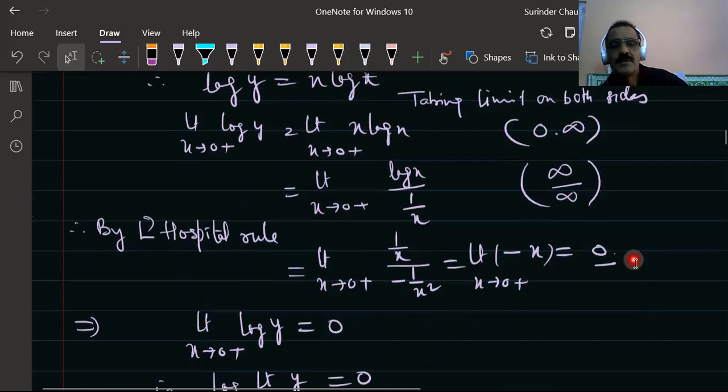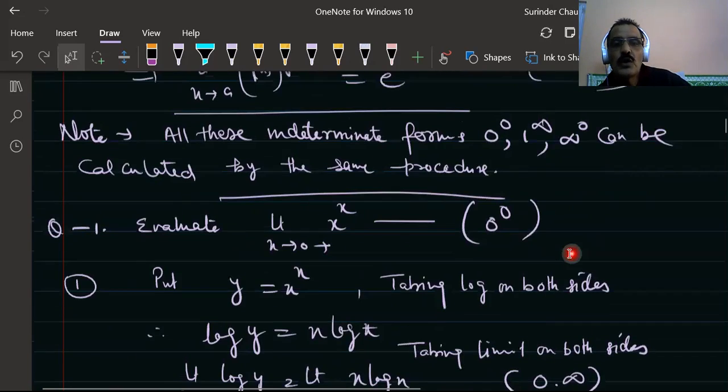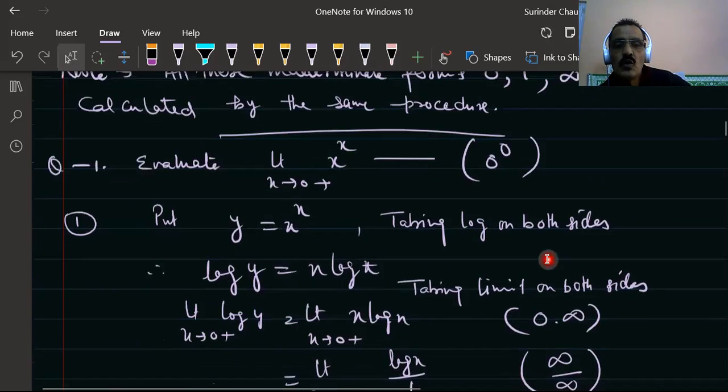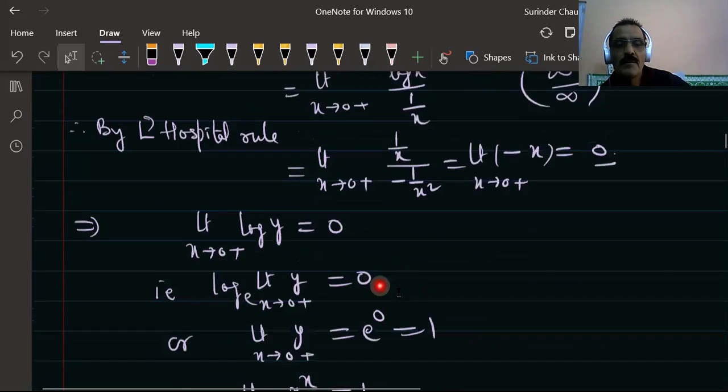Now this is L. Put the value of L here. We have calculated the value of this limit, so this limit is equal to L.